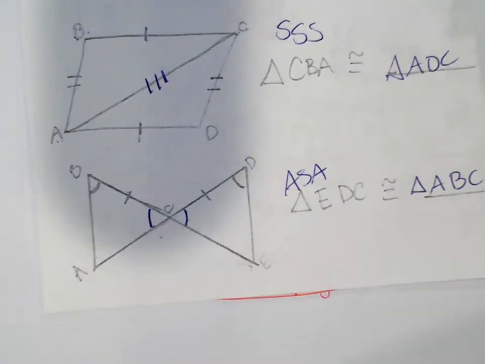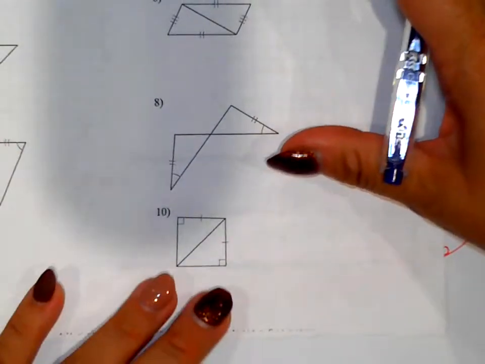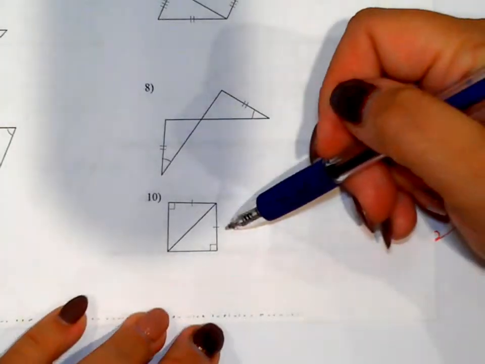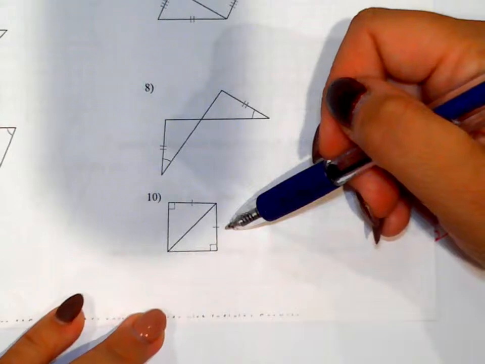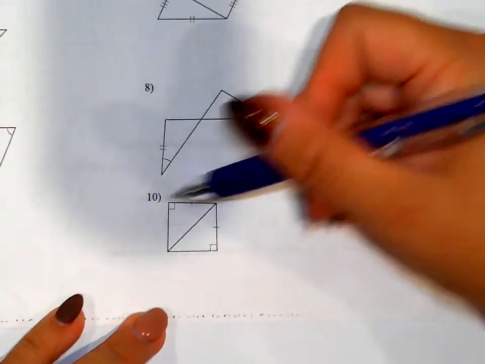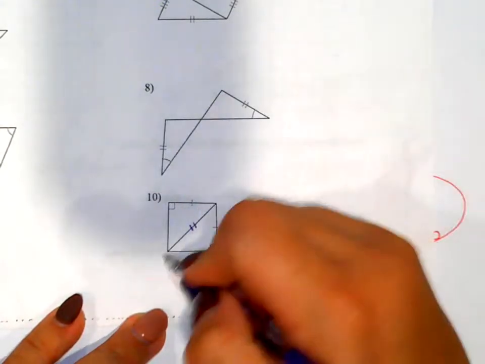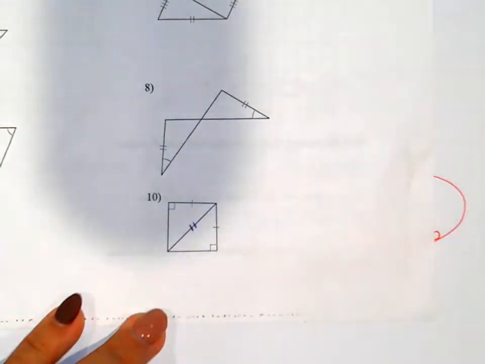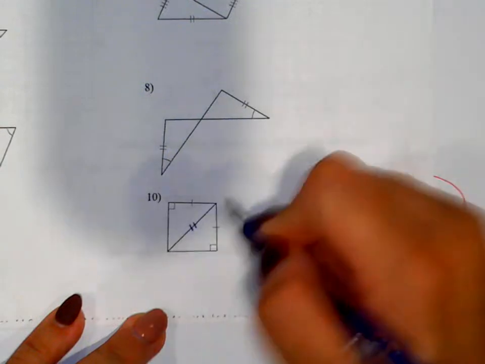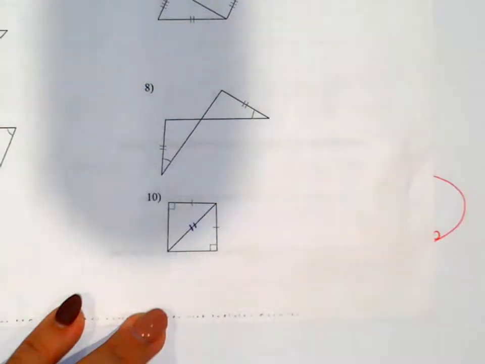One of the ones I wanted to show you is on this one right here. If you're in my class, you already saw this. The right triangle is where you need to be very careful. This guy right here is reflexive because this line segment is shared by this triangle and this triangle.